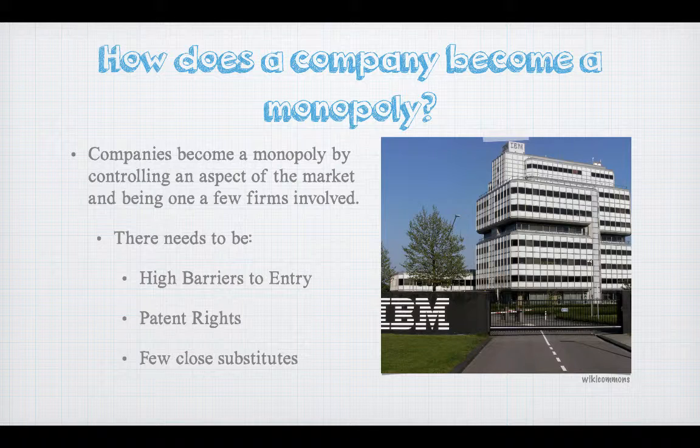When IBM started, there were some other substitutes, but they started to make these products, and they always hired engineers that thought on the forefront of innovation. So they were always innovating and putting themselves a step ahead, and they got those patent rights, and nobody else could duplicate it, and they just kept growing and growing, making millions upon billions of dollars.